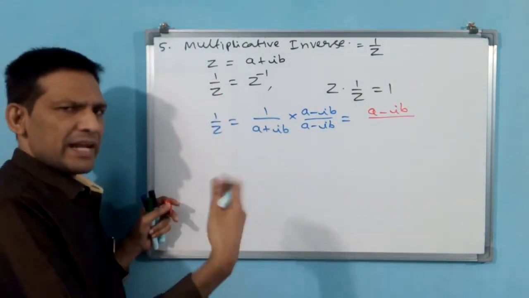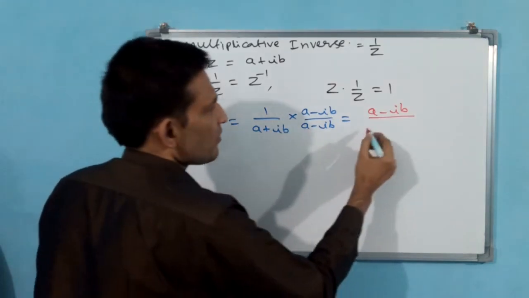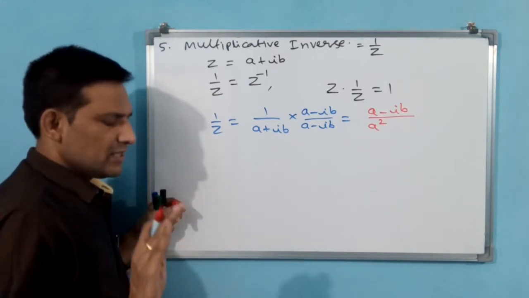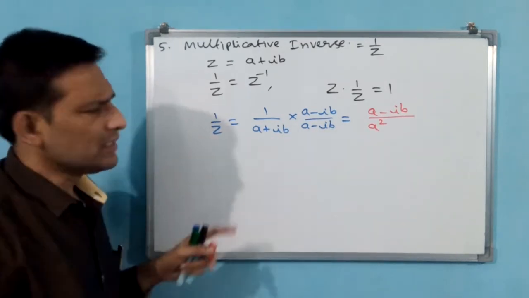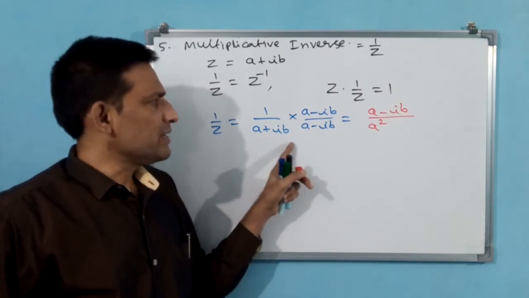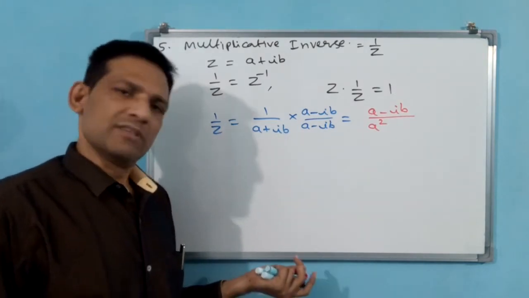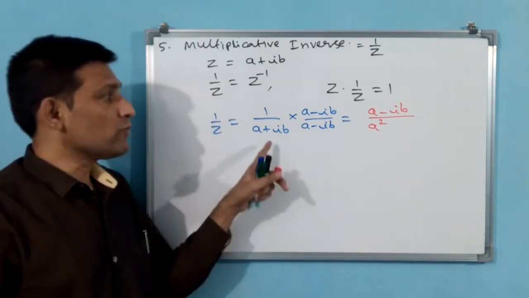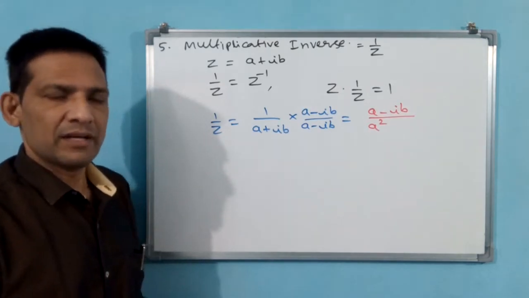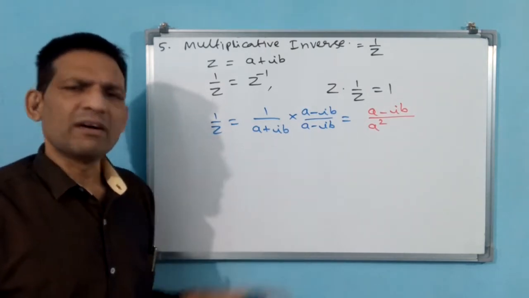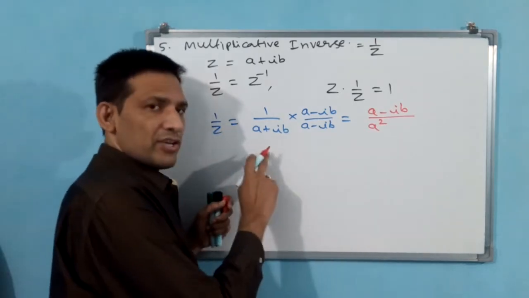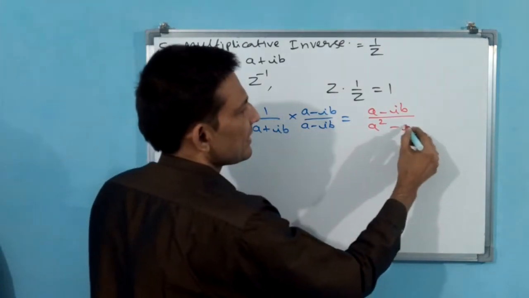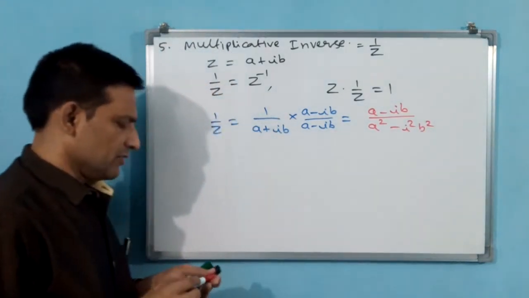But you see here, we need not multiply like that. You know, (a plus b) into (a minus b) is a square minus b square. For that sake only we do rationalization. You need not take all this in elaborate detail. a square minus b square; b square is what? Here, i square b square. You understand, na?